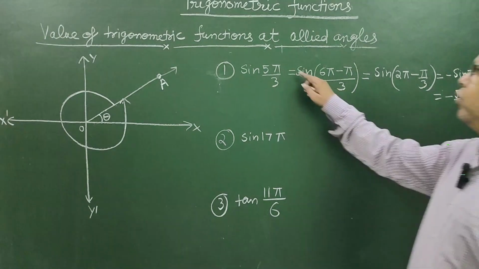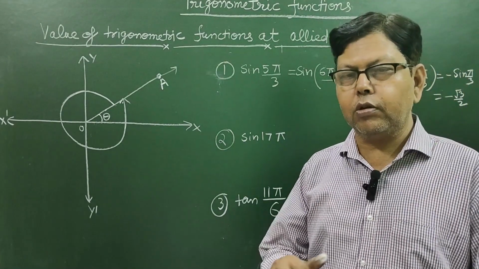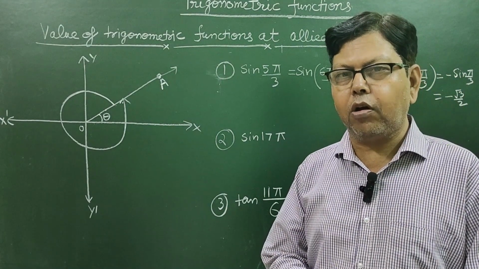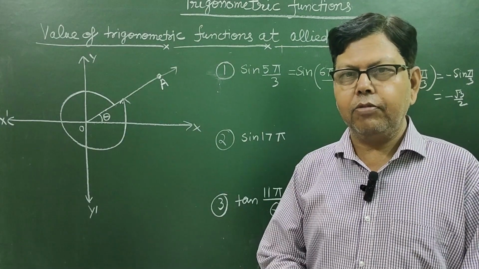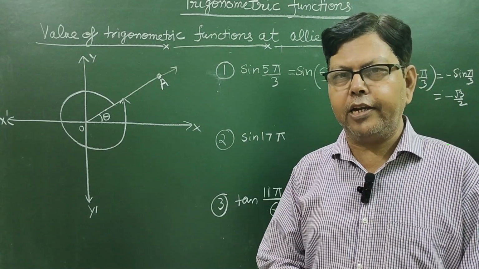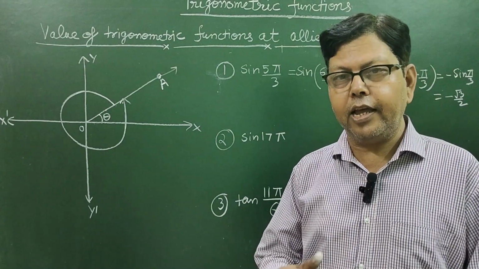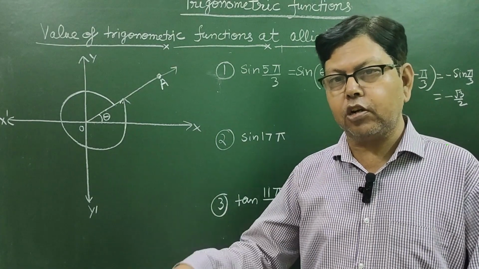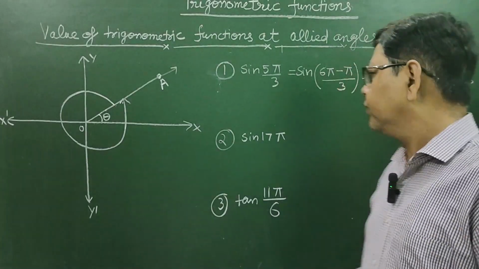So what you need to do in these questions is bring some multiple of 2 pi. Then we can use the formula sin of (n into 2 pi plus theta) is equal to sin theta, or sin of (n into 2 pi minus theta) is equal to minus sin theta, or whatever trigonometric function we have.